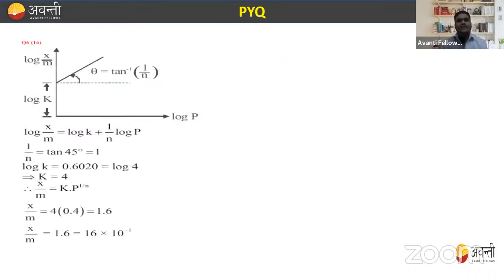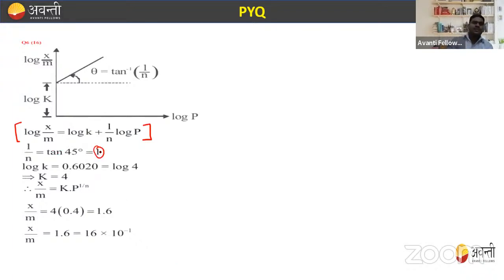So we know that the adsorption isotherm is the graph between log p and log x by m. This is called the intercept. We know the equation: log x by m is equal to log k plus 1 by n into log p. It is already given that the slope is 45 degrees, so 1 by n is equal to tan 45 degrees, which is the slope, and it comes out to be 1.